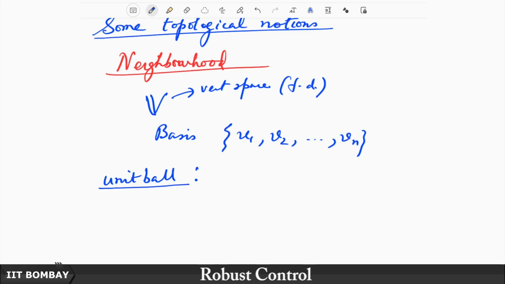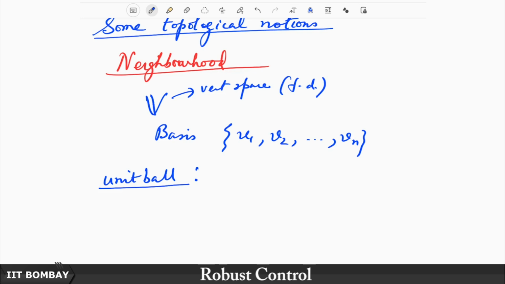Notice that you cannot define this unit ball without defining this basis, and therefore, I might choose one basis, you might choose another basis. So, the way we describe this unit ball in a vector space will totally depend on our choice of basis, right. So, this is somewhat arbitrary insofar as the choice of basis can vary among the two of us, right.